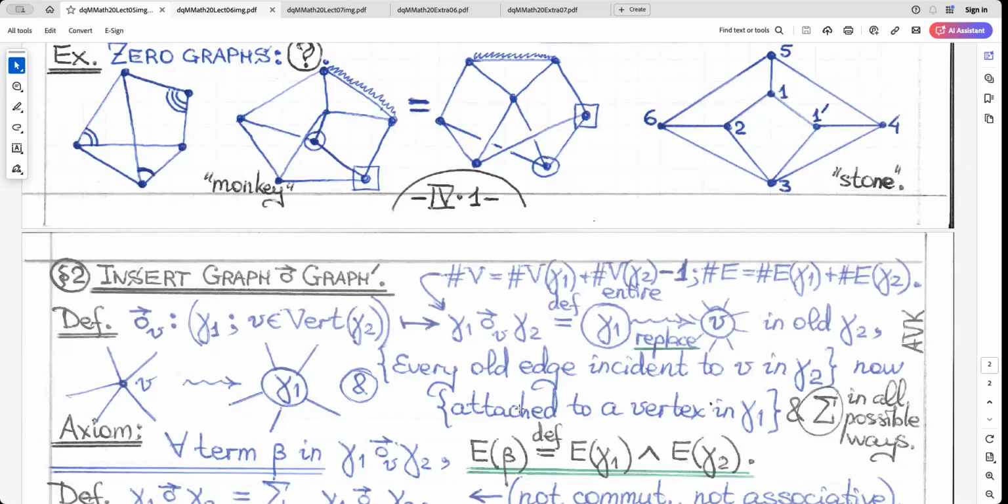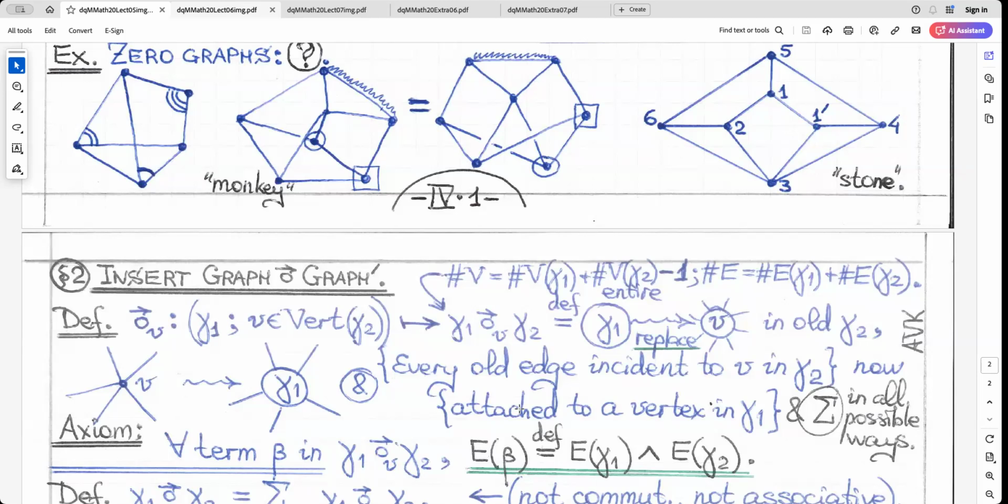Namely, how to insert a graph into a vertex of somebody else. We take a vertex, it was in gamma 2, probably incident to something in the rest of gamma 2. We replace the vertex V in gamma 2 by the entire graph gamma 1.